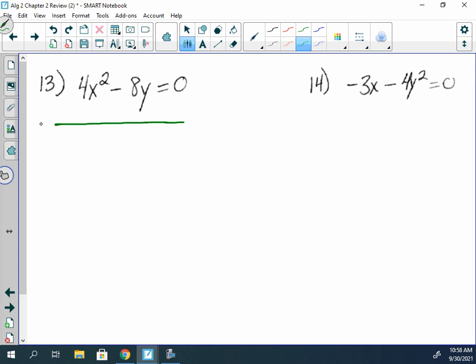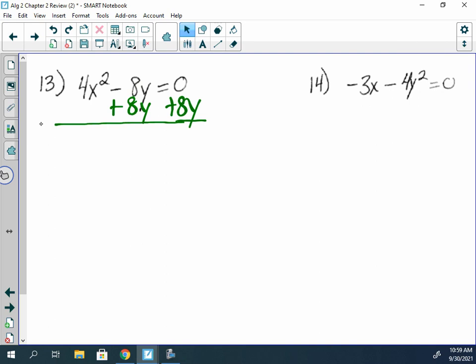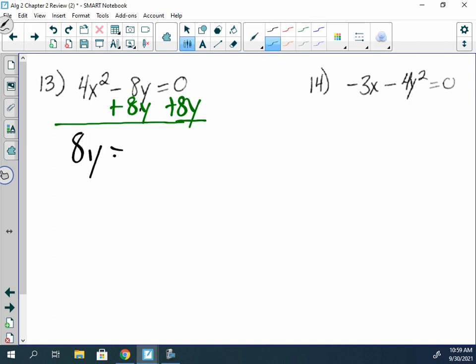So what do we need to do first to get y by itself? We can, but there's actually a simpler way. I can add 8y, because we could subtract the negative 4x squared, and if you did that, that's perfectly fine, because then we would divide by negative 8, and we'll get to the same place. If we add 8y to both sides, we would have 8y equals 4x squared.